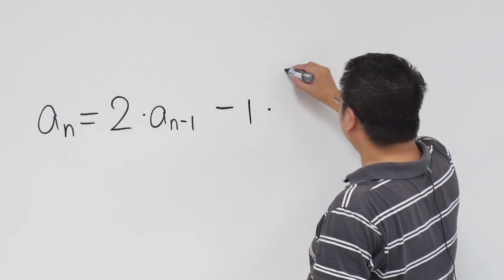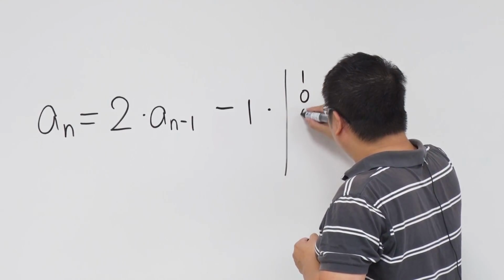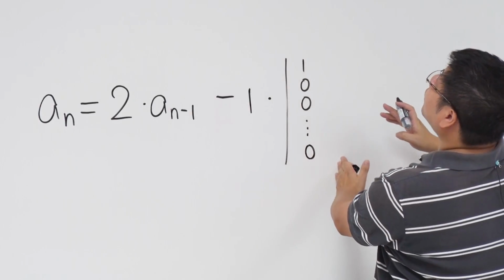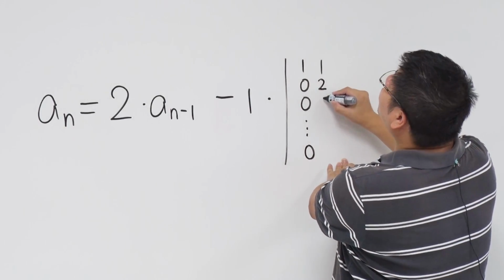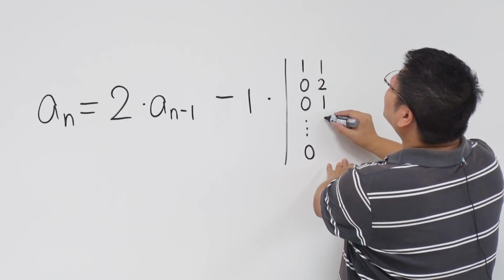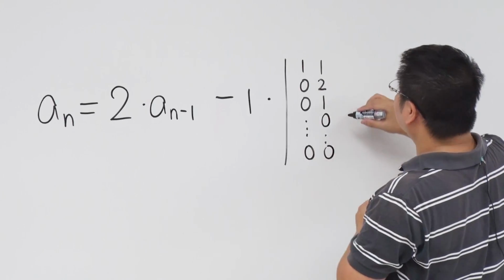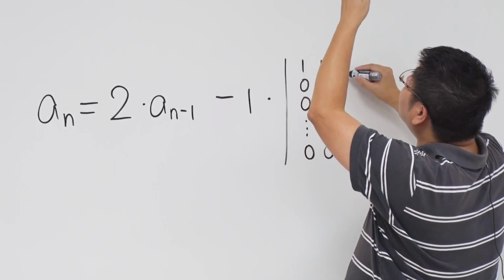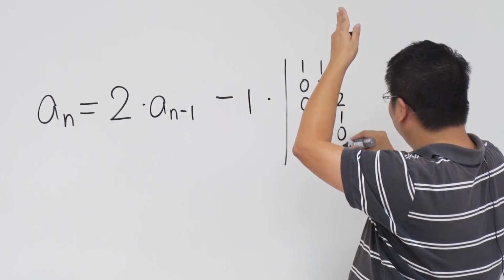This thing looks like 1, 0, 0, dot, dot, dot, 0. And then this column removed. So we get 1, 2, 1, 0, 0. Is that okay? And then 0, 1, 2, 1, 0, 0.